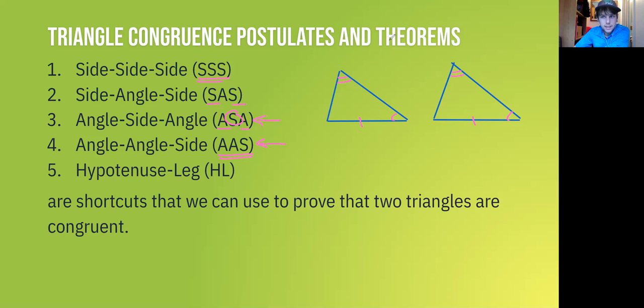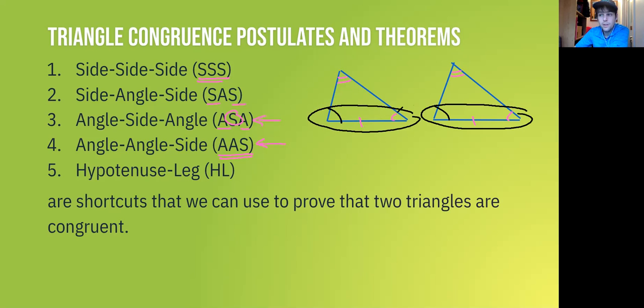Now, technically, if you can use ASA, you could also use AAS. There's a way to do it because whenever you have two congruent angles, you could use what's called the third angle theorem to say that these two angles are also congruent to each other. And then now we have angle side angle.